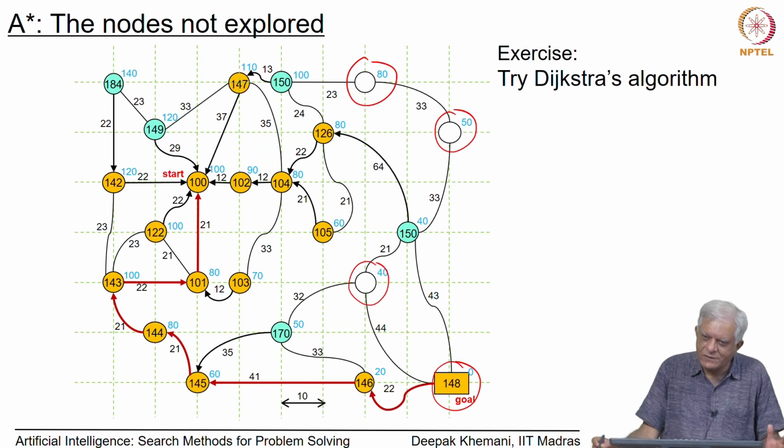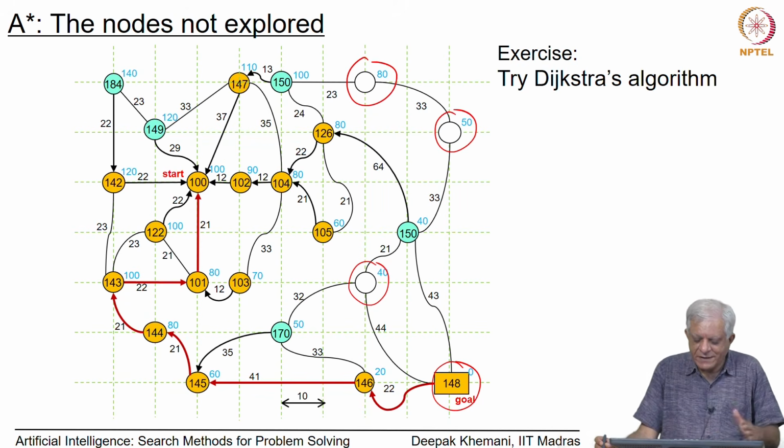So, you can see that there is a gradation of behavior. Dijkstra's does the most work in terms of the number of nodes that it explores, and guarantees you the optimal path. A star does less work than Dijkstra's, it explores fewer nodes, 14 in this example, but under certain conditions, which again I am repeating we will study in the next session, it will also guarantee an optimal path.